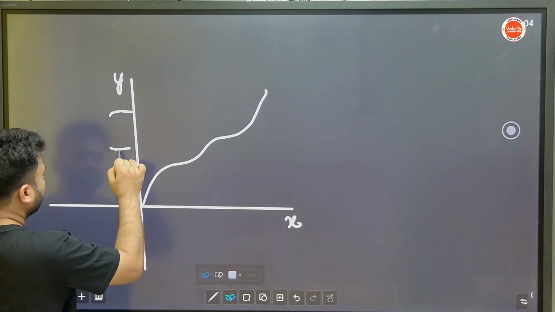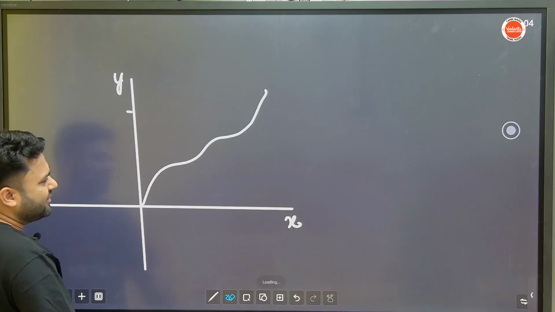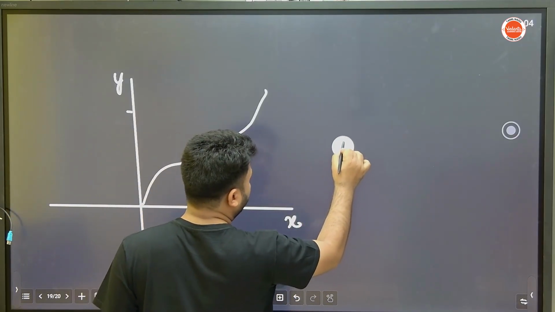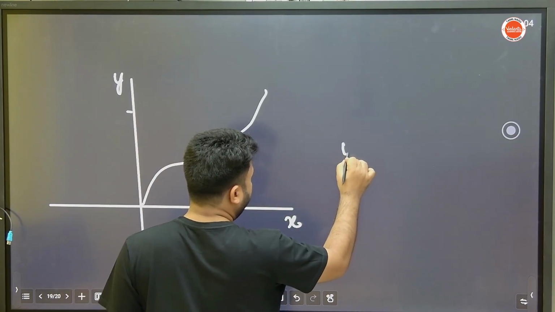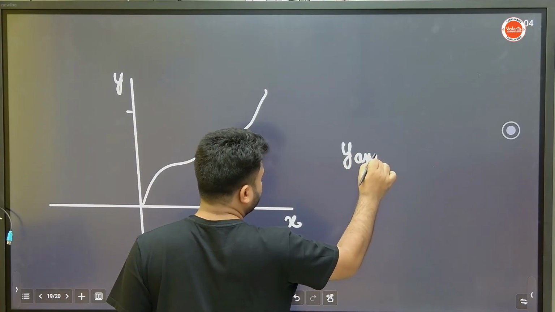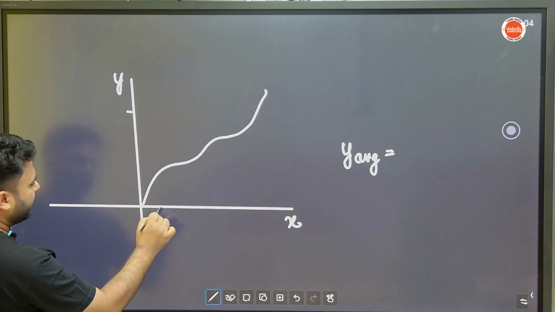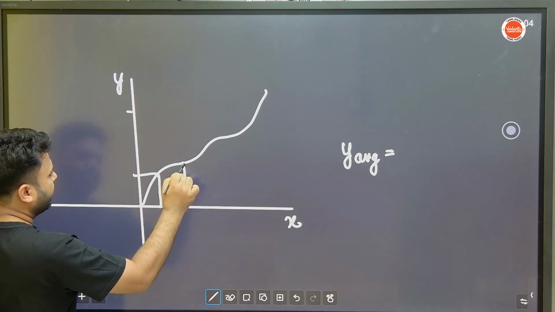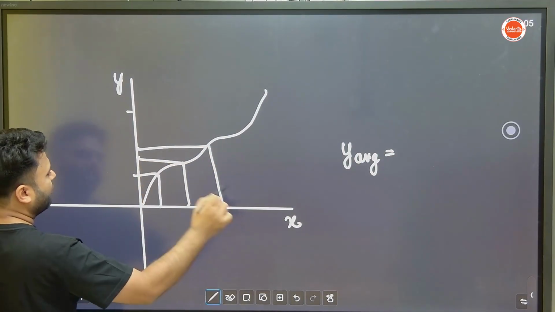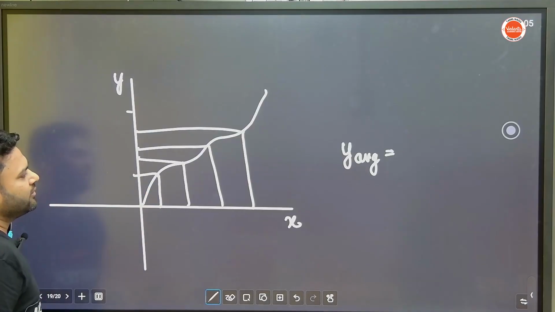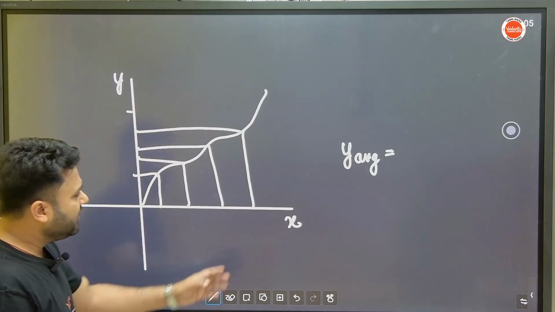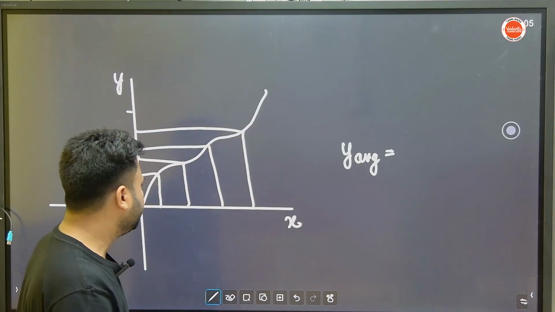Correct. So they asked, what will be the average value of y? Average value of y. It means throughout the journey, as we change x, we also get different y. So what will be the average value of y?